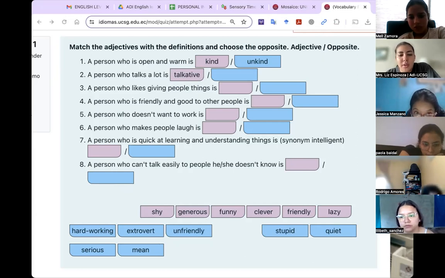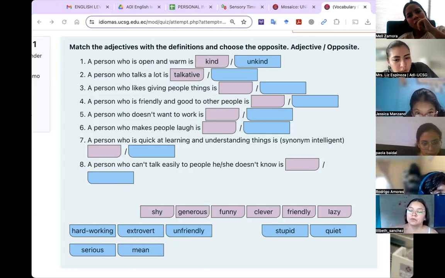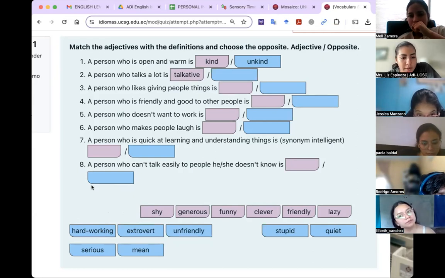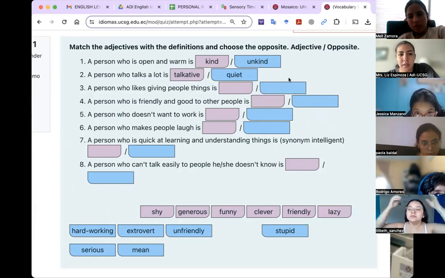So then, which is the opposite of that? Extrovert. Quiet. What do you say? I couldn't hear the last option you mentioned. Quiet. If it is talkative, then quiet. Yes, that can be. Okay.